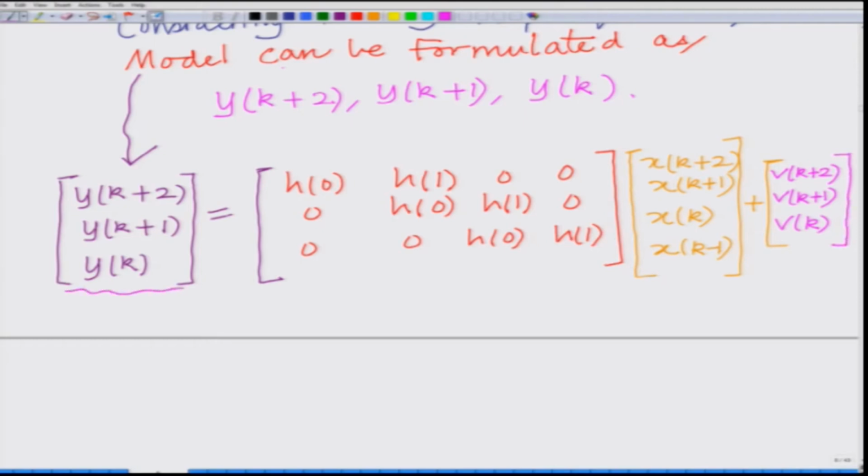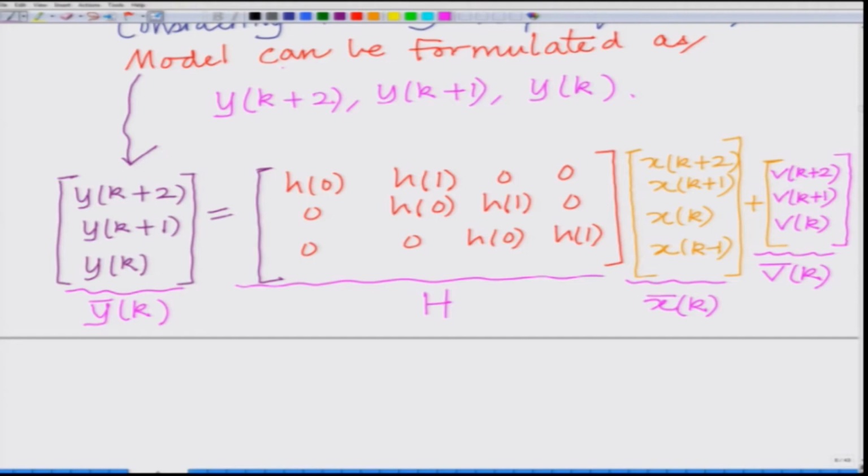So this is my received vector y bar of k, this is my matrix H, this is my symbol vector x bar of k, and this is my noise vector v bar of k.